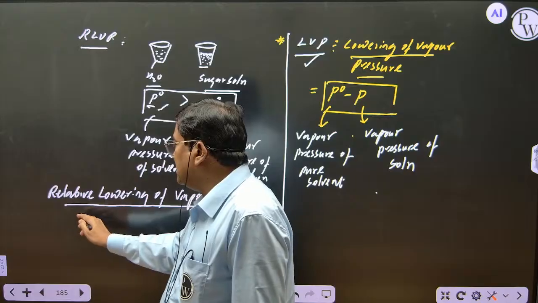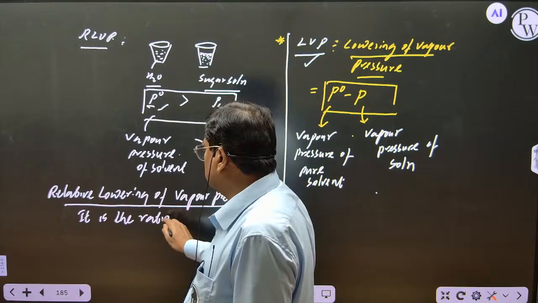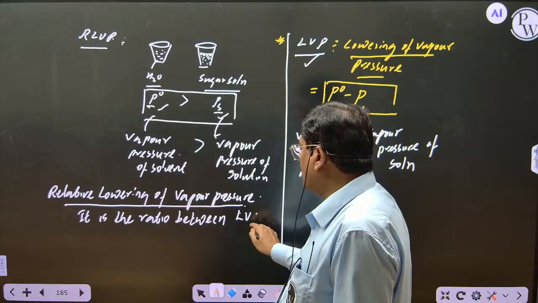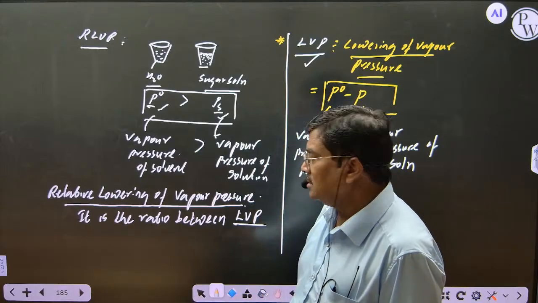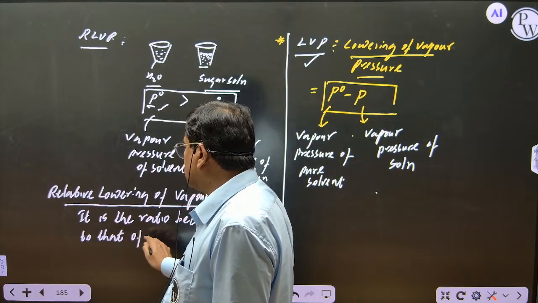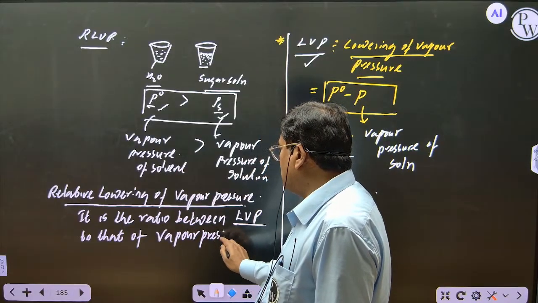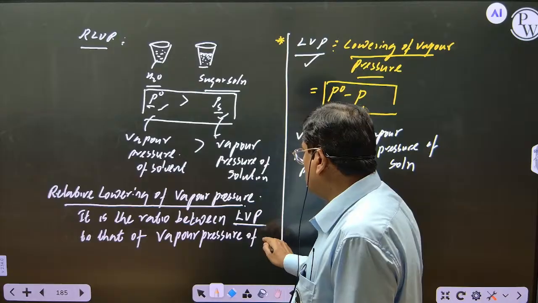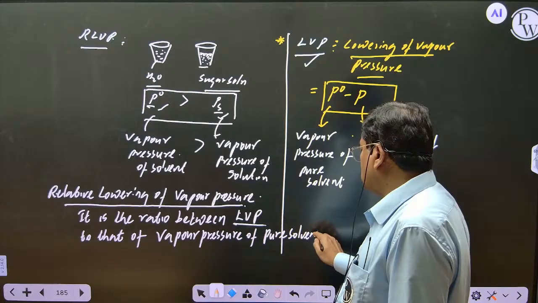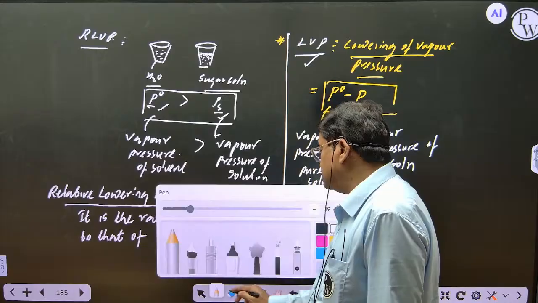So what we define, it is the ratio between LVP, lowering of vapor pressure, and the vapor pressure of the pure solvent. For pure solvent, what symbol do we show? P naught, no? Then RLVP, mathematically how do we write, students?